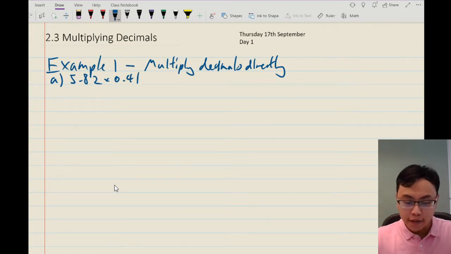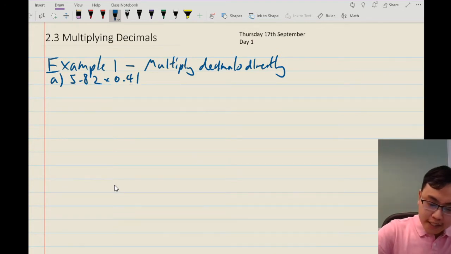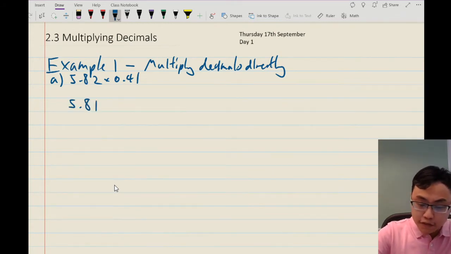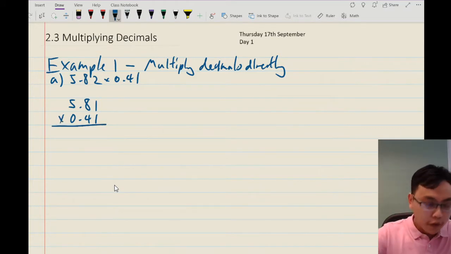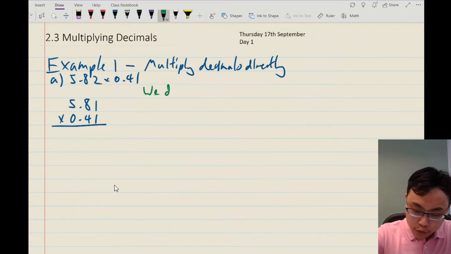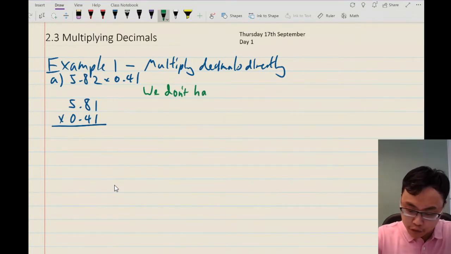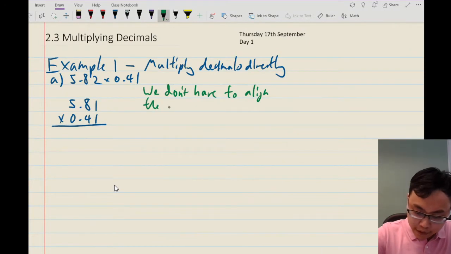And so in this, what we're going to do is we're going to stack them up. And it doesn't matter the place value. It doesn't matter if you align them or not. So this time we don't have to align the place value in multiplying.